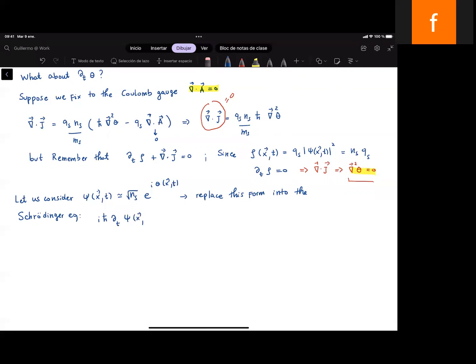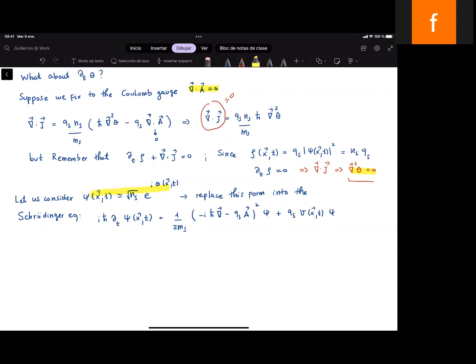This is, in general, 1 over twice m_s, minus i h bar nabla minus q_s times A, all to the square acting on the wave function, plus q_s times the scalar potential, times the wave function. So replace this form that we have here.